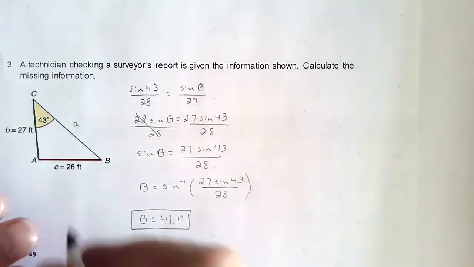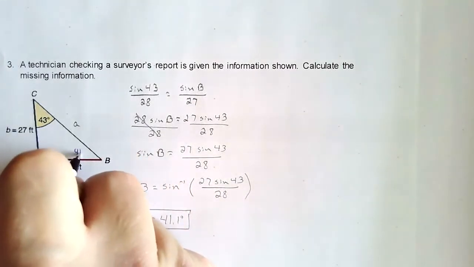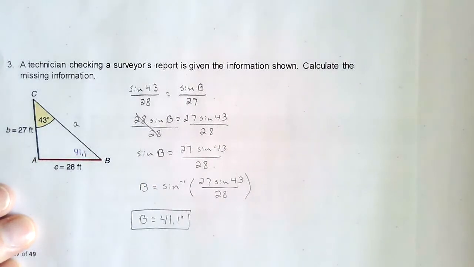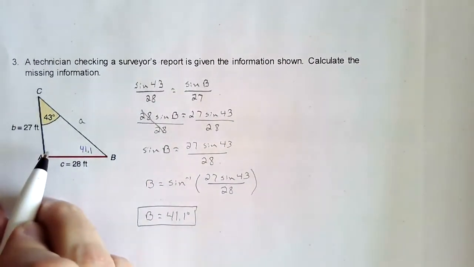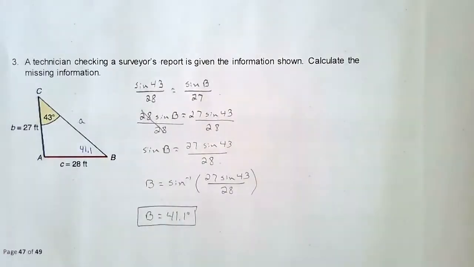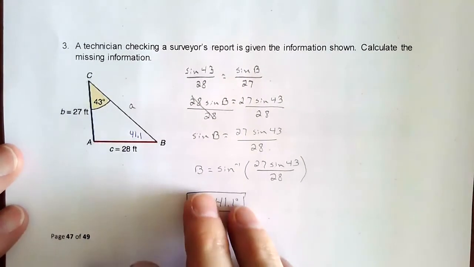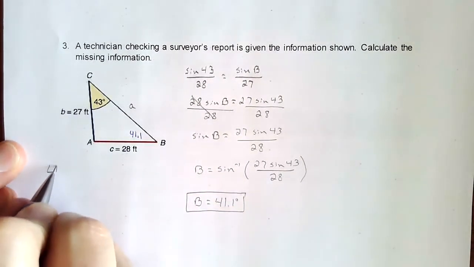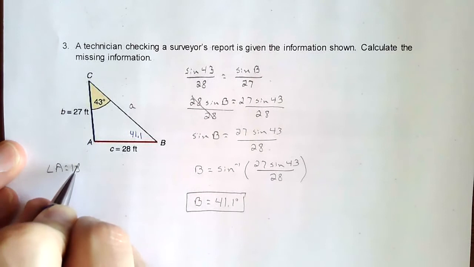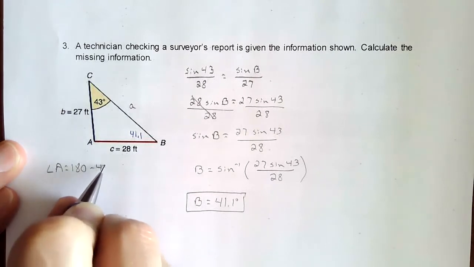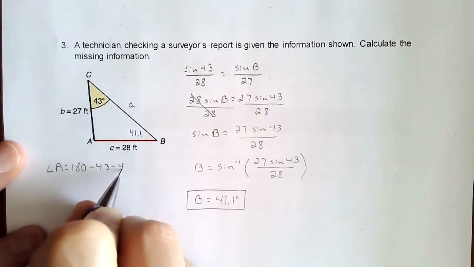Okay, so put that on the picture, 41.1. Now I can instantly figure out what angle A is because I know that my triangle is 180 degrees. So angle A is going to be 180 minus 43 minus 41.1.